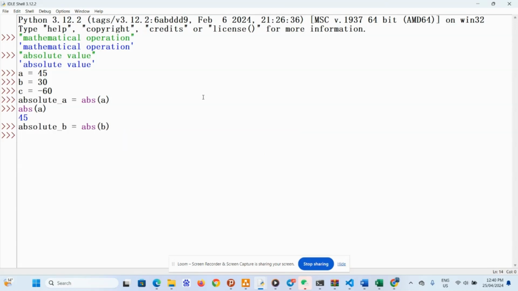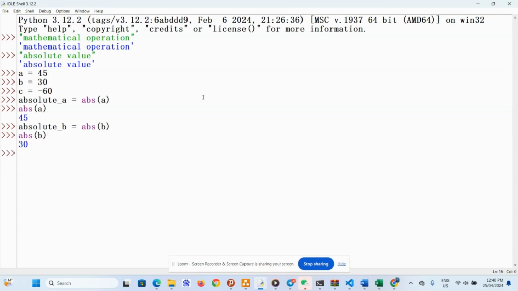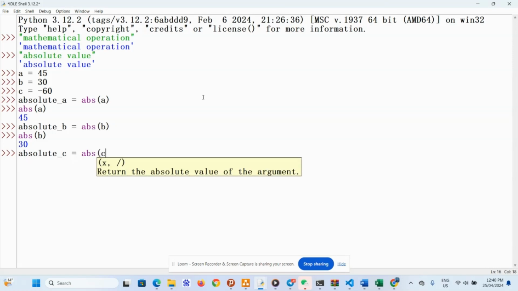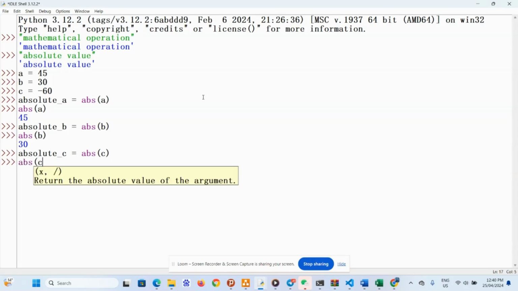Then again ABS of B, and you call it to have the value of B. Then also absolute of C is equal to ABS of C. Enter.